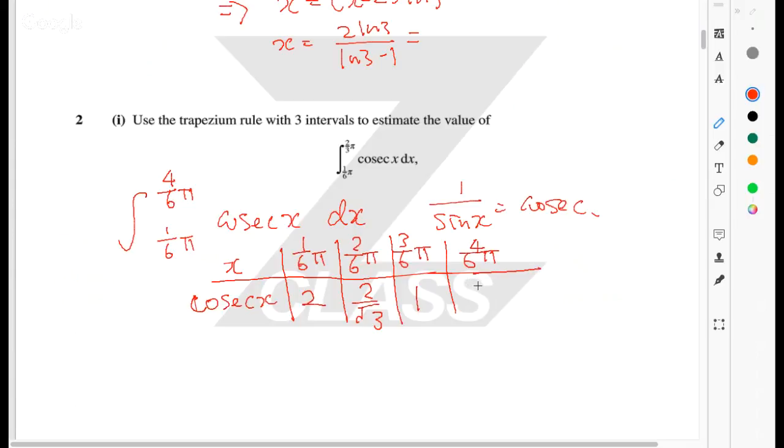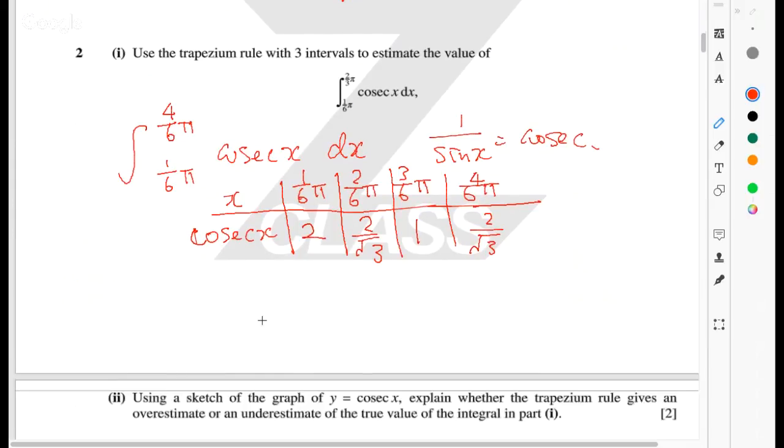You don't really need to work it out, you can just use your calculator, but it's the same as 2 over 6 pi, because sine theta is equal to sine of pi minus theta, and 2 over 6 pi and 4 over 6 pi add to pi. So it will be 2 over root 3 as well. So we have all our values here.